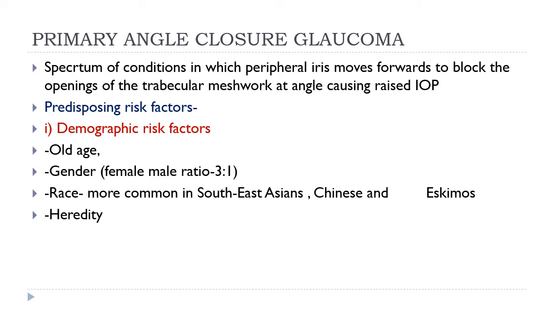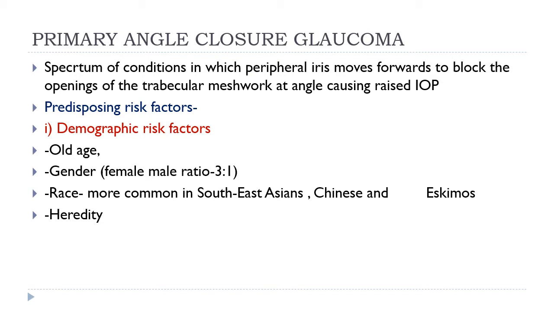So in angle closure glaucoma, the iris moves forward and it blocks the trabecular meshwork. There are various factors which may predispose for this angle closure. One may be old age, because in old age, as the size of the lens, or the cataractous lens, increases, that pushes the iris-lens diaphragm further and causes the angle closure.